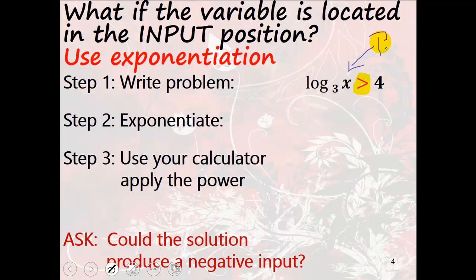This has to stay positive. So that means all my values of x have to be greater than 0. Okay, so let's exponentiate. My input, x, has to be greater than my base raised to the 4th power. You can use your calculator. If you know that 3 to the 4th is 81, you can do that. So I applied the power.